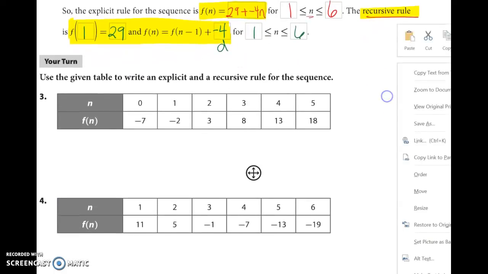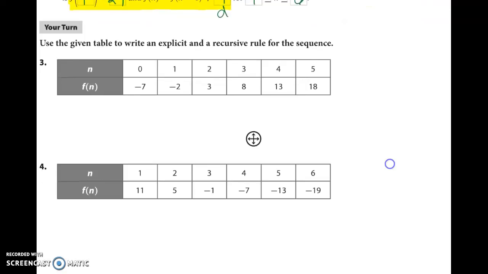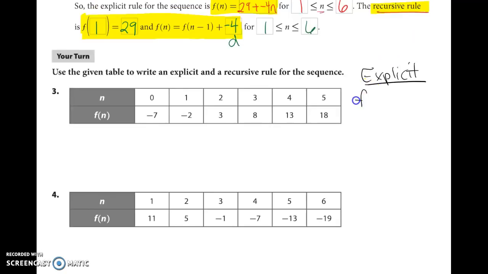So for your turn, 3 and 4, I just want to get you started in the sense that I'm going to write the formulas for you. For explicit, remember you have to memorize this formula: f of n equals a plus d times n.